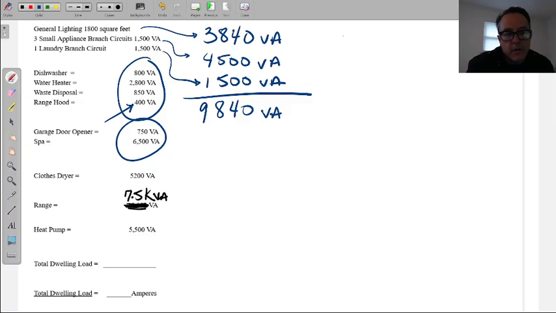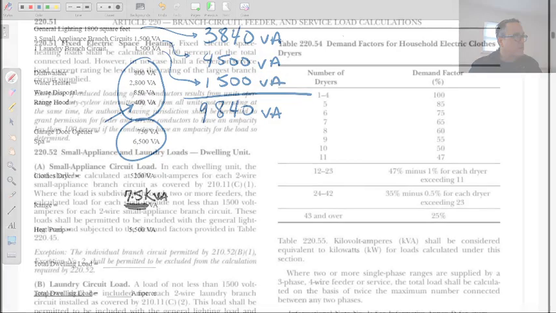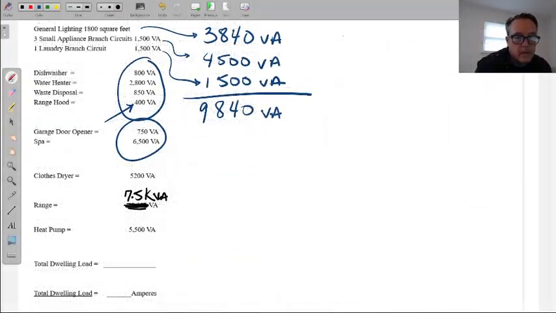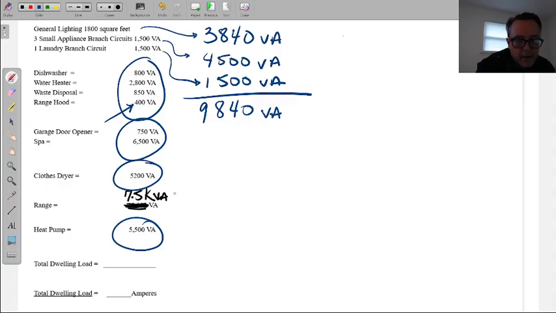These extra loads, full nameplate rating, valued at 100%. Clothes dryers, we have 1 through 4 clothes dryers get 100%, just to go to that article. So we have no demand factor for the clothes dryers yet. We only have one of them, 100%. Heating and pump is going to be 100%. And then the only one that we're going to 80% is going to be the range.